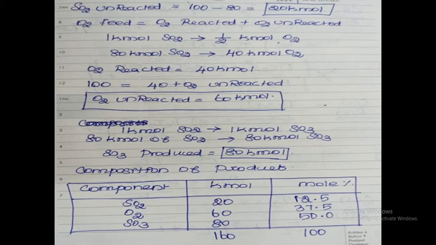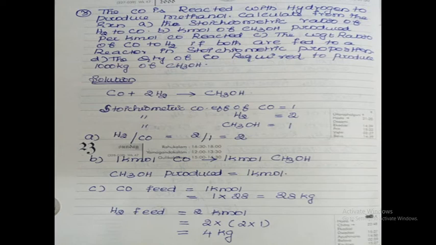Okay. Third problem: carbon monoxide is reacted with hydrogen to produce methanol, or methyl alcohol. So CO plus 2H2 gives CH3OH. This is the stoichiometric reaction, a correctly balanced reaction. Calculate from the reaction.